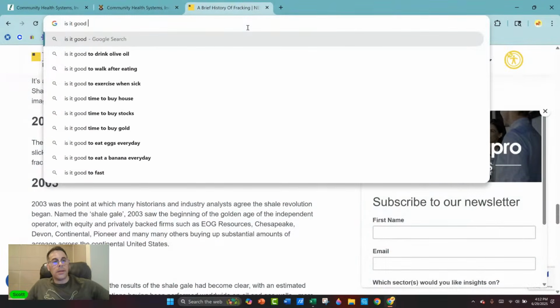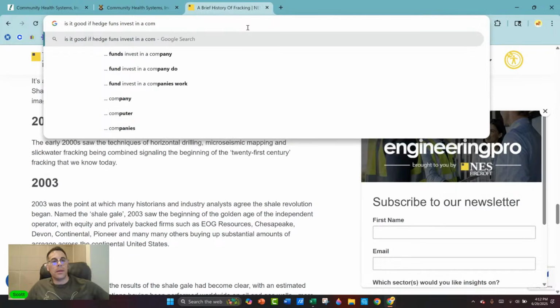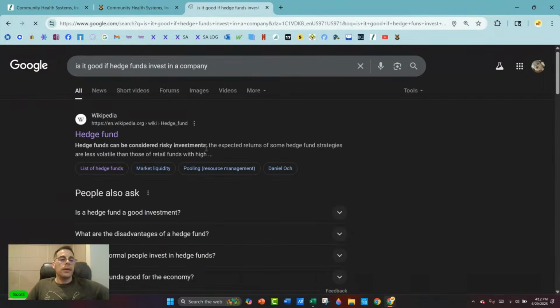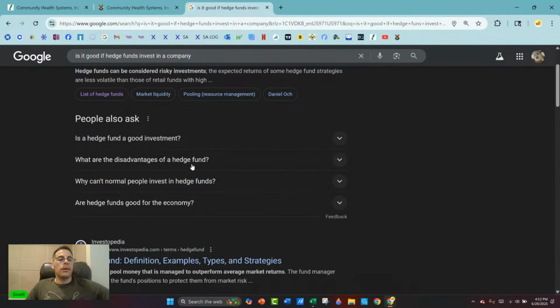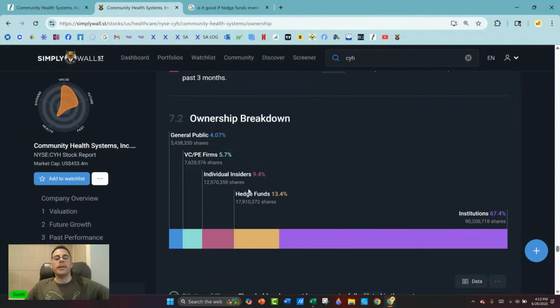Is it good if hedge funds invest? It's kind of like a double-edged sword when you see a hedge fund investing in it.